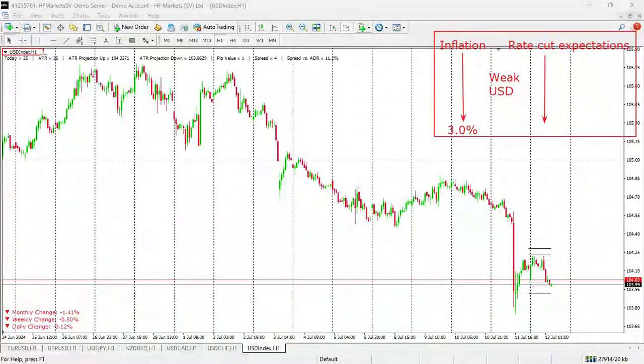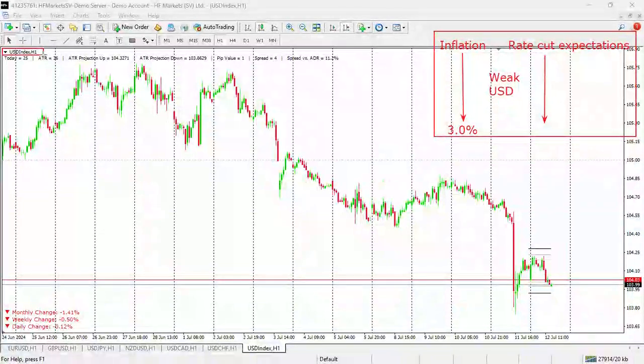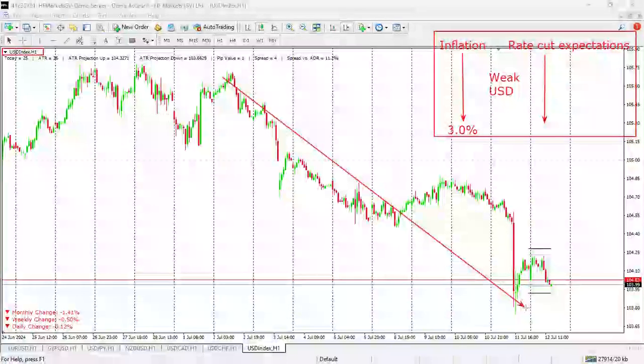So if I was expecting weakness for the dollar because of a fall in inflationary pressures, which means I can increase my expectations of a cut in interest rates, I can easily go to the USD index to see if this is true. And just by looking at the screen, you can clearly see that the USD index is down, clearly suggesting the presence of a weak US dollar.